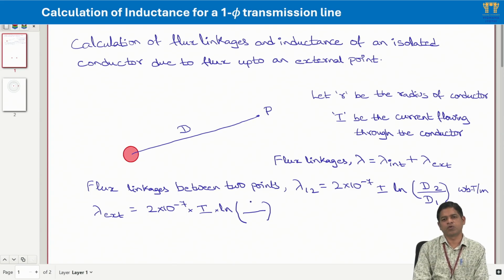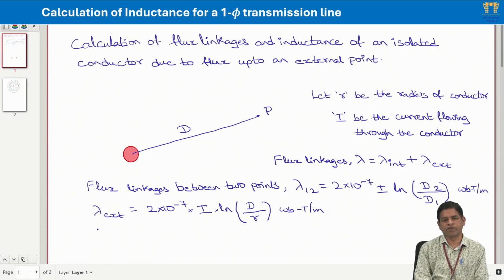So here we have considered only a single point P. So d2 can be replaced by capital D, and the nearest point from the center of the conductor is the surface of the conductor, which is at a distance of r meters from the center of it. Why? Because r we have considered to be the radius of the conductor. So d1 can be replaced by small r. So and so Weber turns per meter.